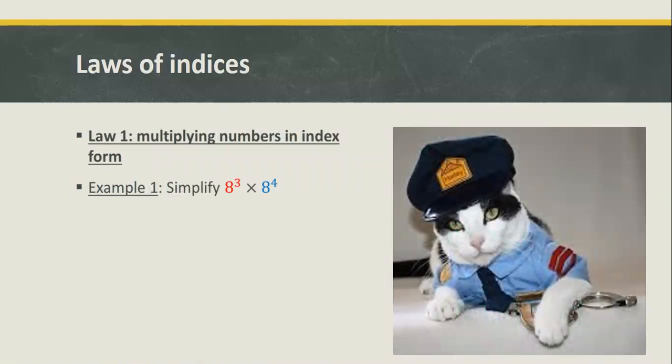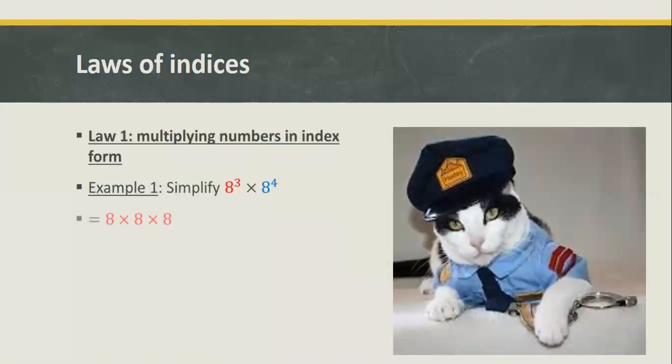Let's look at some of these laws of indices. Law number 1, which is multiplying numbers in index form. Example 1: simplify 8 raised to the power of 3 times 8 raised to the power of 4. How do we do this?